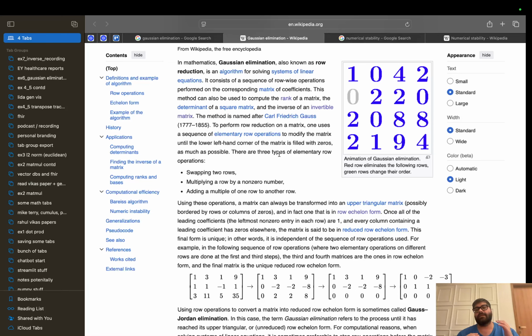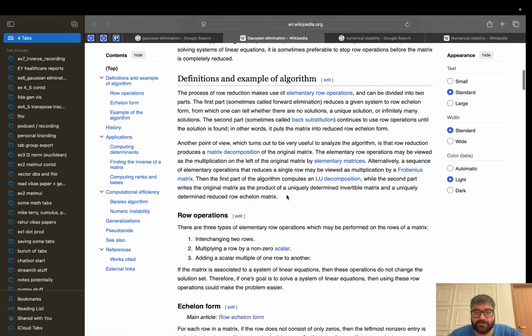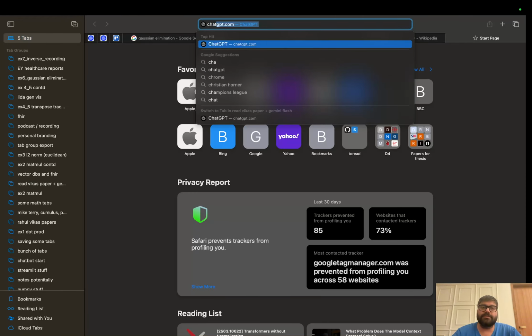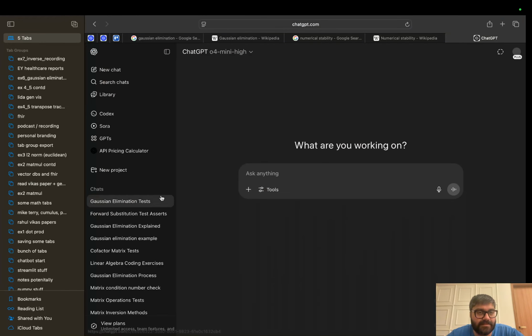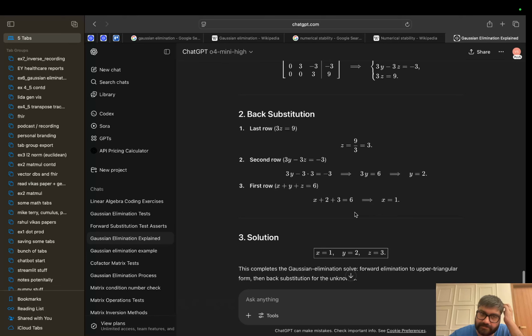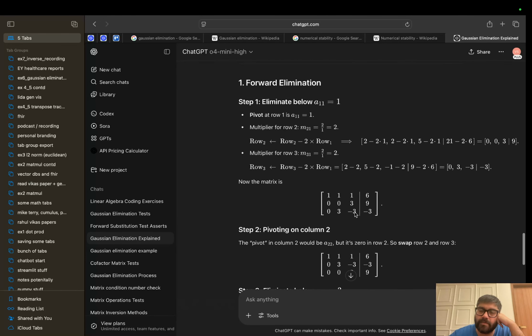You want to get the matrix in upper triangular form, meaning the entries below the diagonal have to be all zeros. And then you do back substitution, which is essentially, for example, I actually had ChatGPT generate an example, so let me just show you that. I think I have a worked example here.